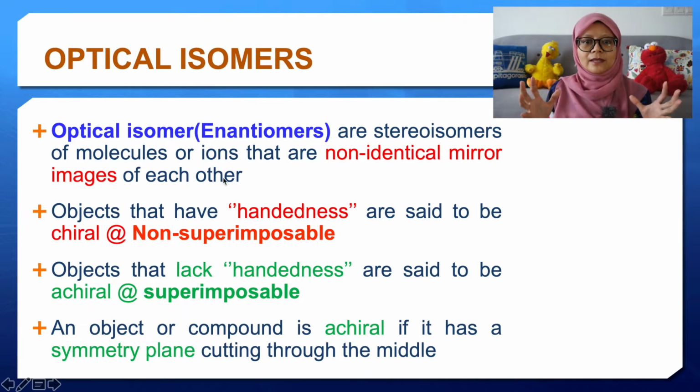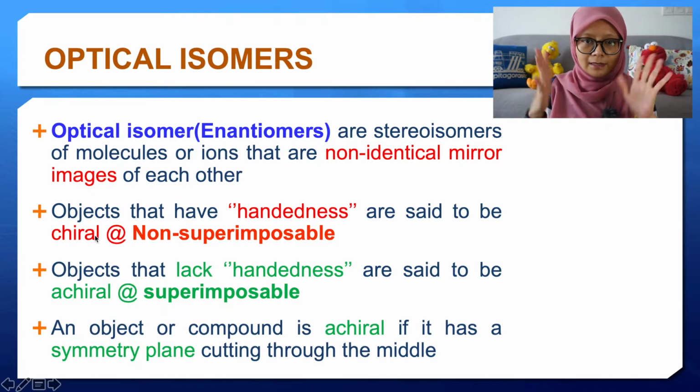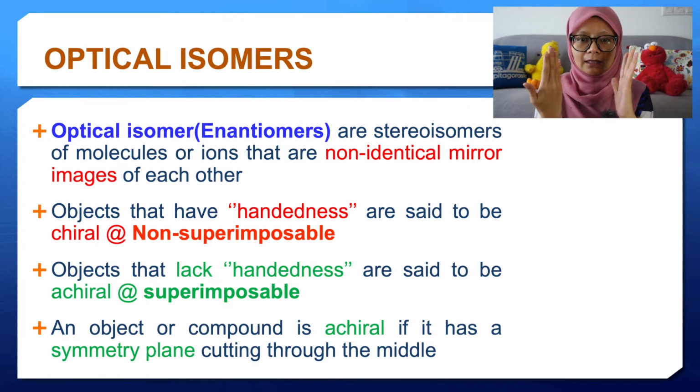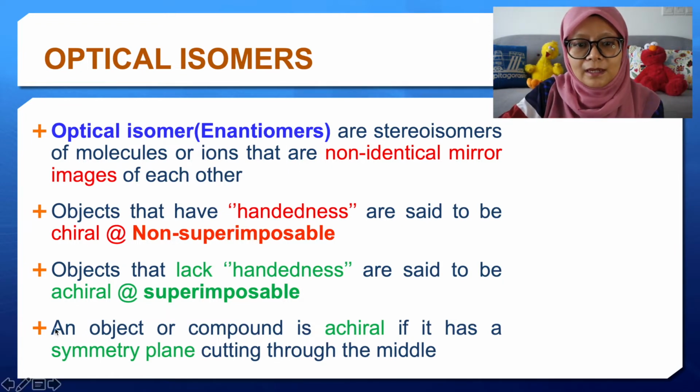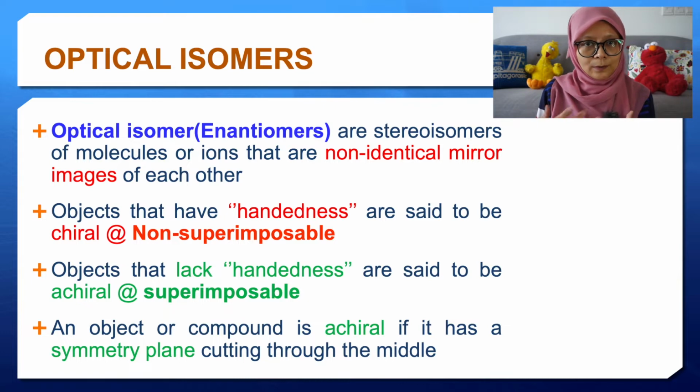Objects that have handedness are said to be chiral or non-superimposable, in Malay, tidak bertindih. Objects that lack handedness are said to be achiral or superimposable.